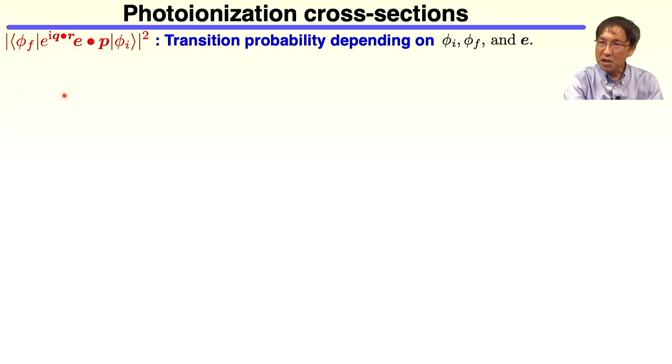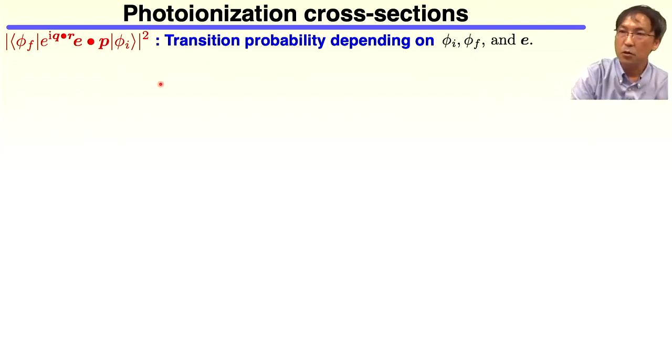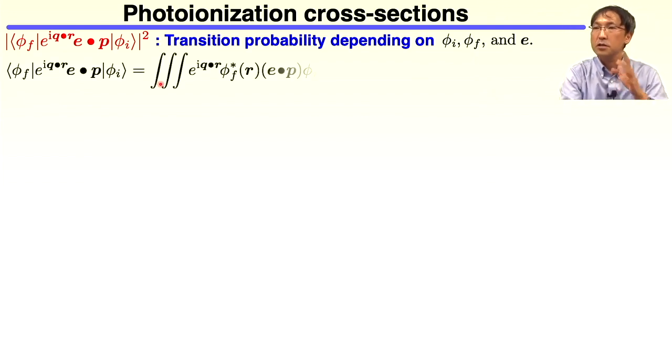In reality, however, the E·P term depends on φi and φf and the polarization of the incident light. To obtain this term, we need to calculate this integral.